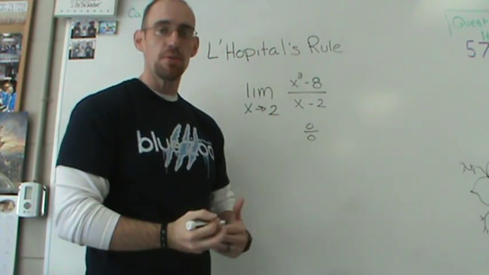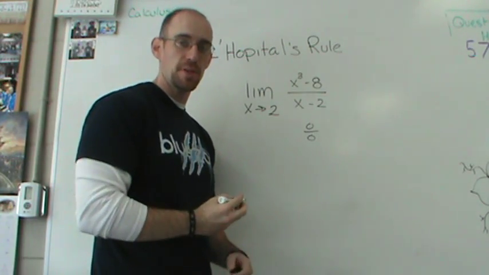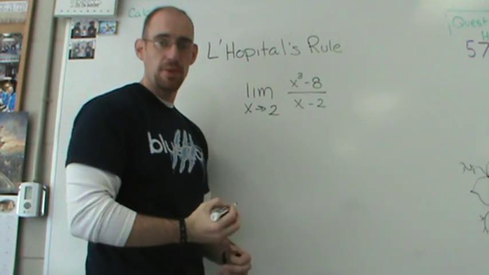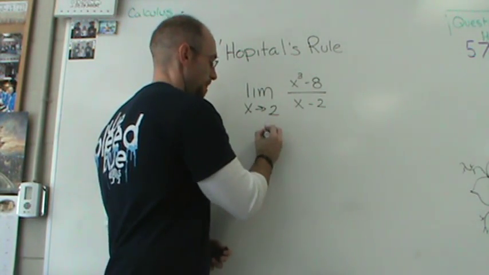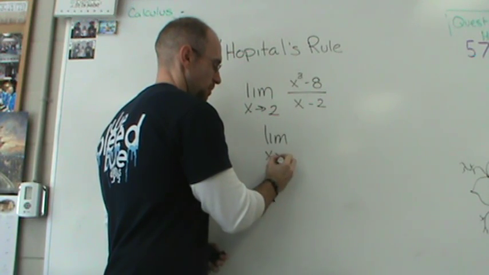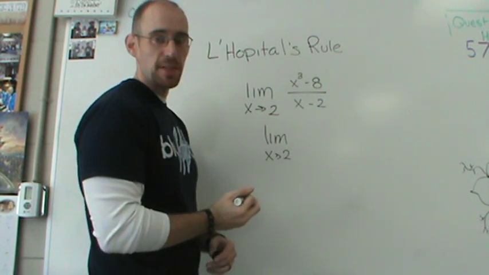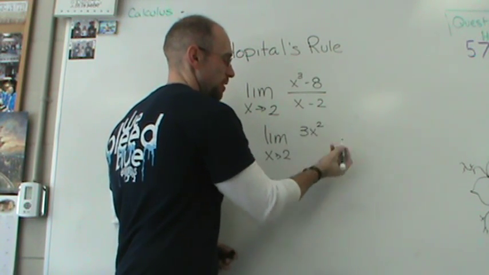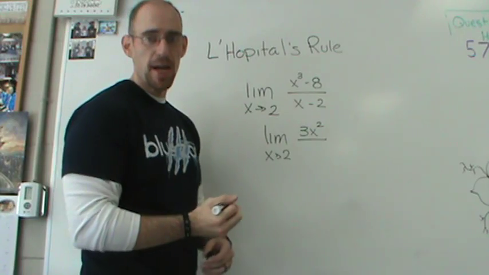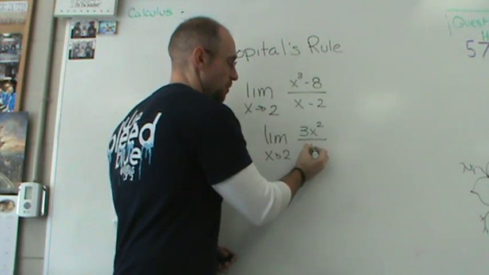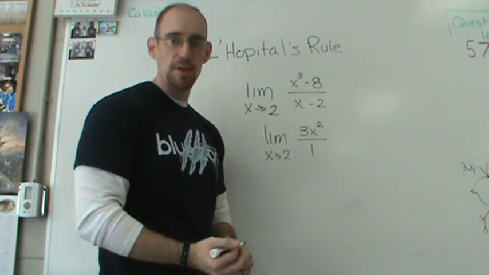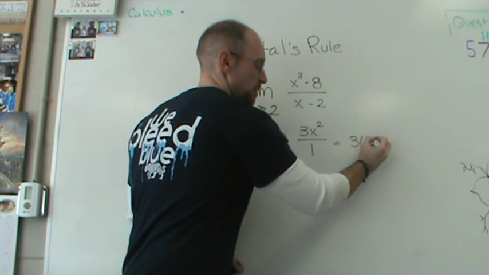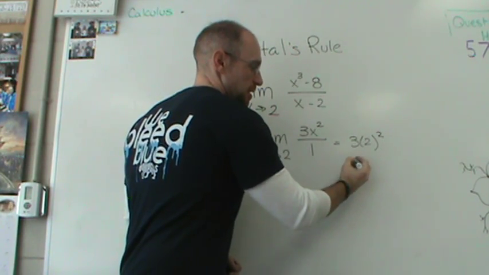Hey, 0 over 0, since we're dealing with a limit, we can go ahead and use L'Hopital's rule. Again, take the derivative of the top, derivative of the bottom. Derivative of the top is going to be 3x squared. Derivative of the bottom is just going to be 1. Hey, now I don't have an issue anymore. Let's go ahead and plug it in. Put in 2. 3 times 2 squared gives us 12.